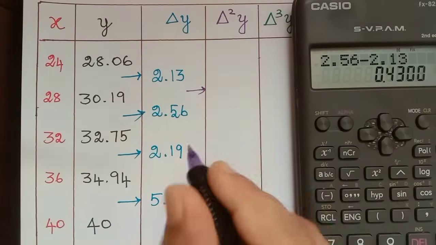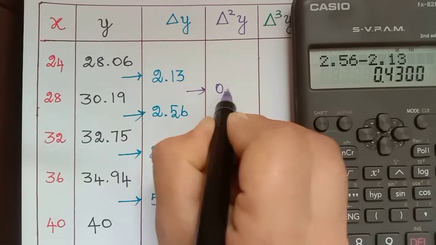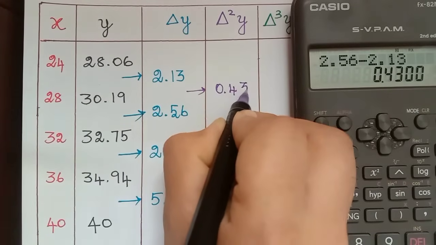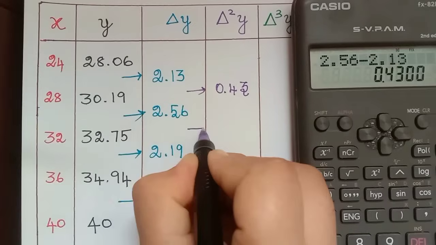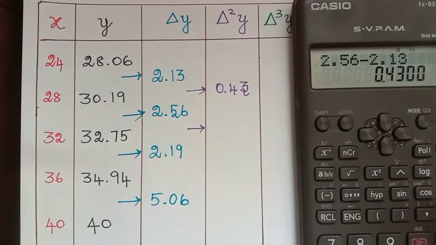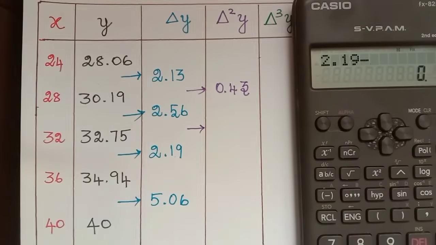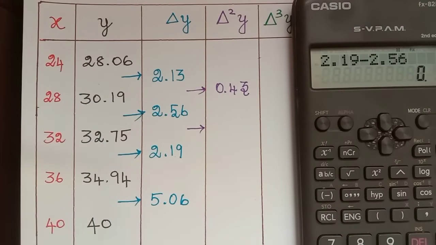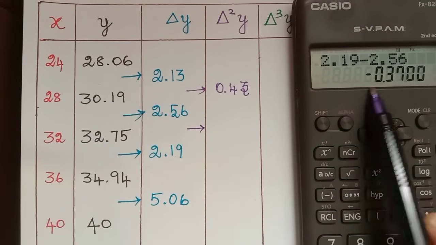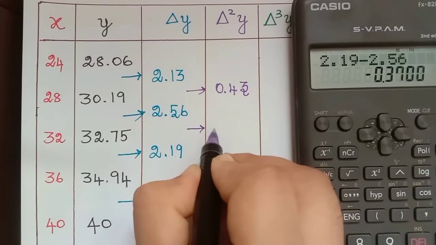So that value we have to write here. 0.43. And here it will be 2.19 minus 2.56. So that we get to be negative 0.37. So that we have to write here.